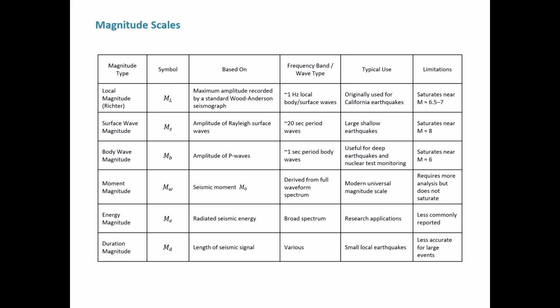It does require some analysis to complete that calculation. M sub e is the energy magnitude for radiated seismic energy, with broad spectrum research applications, less commonly reported. There's also a duration magnitude, M sub d, for small local earthquakes. For the most part, magnitudes are reported as M sub w moment magnitudes.